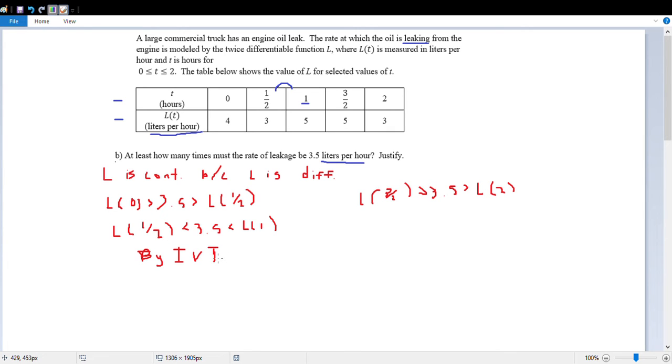By the IVT, L of T is equal to 3.5 at least 3 times. We don't know, it could be more, but we know it happened at least 3 times.